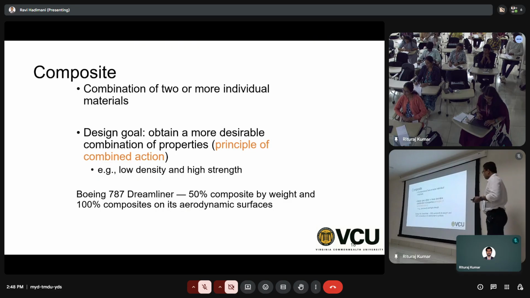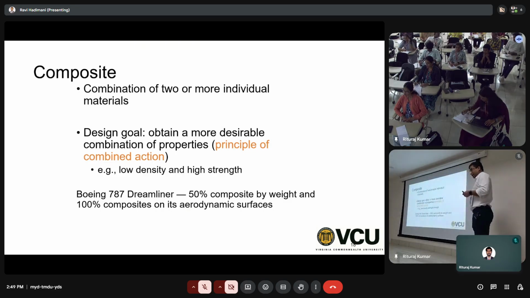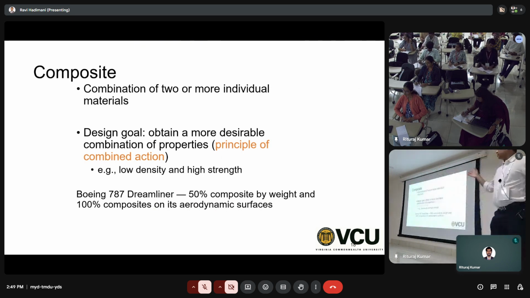So the Boeing 787 Dreamliner is 50% made of composite materials. Composite materials are becoming very popular. So I think in the future we will deal with more and more composite materials. Okay, but making composite materials is not easy.